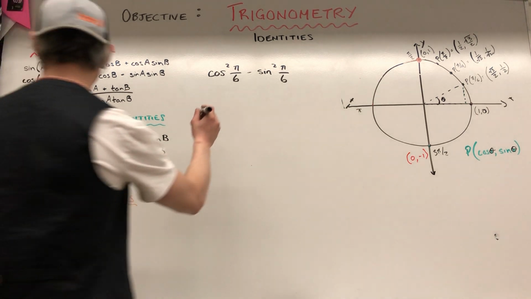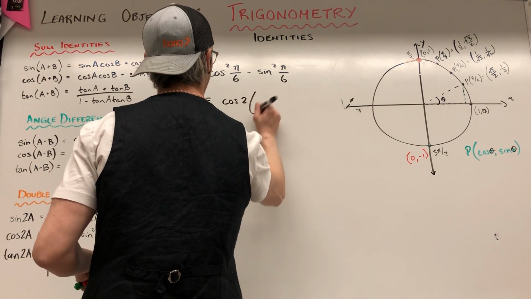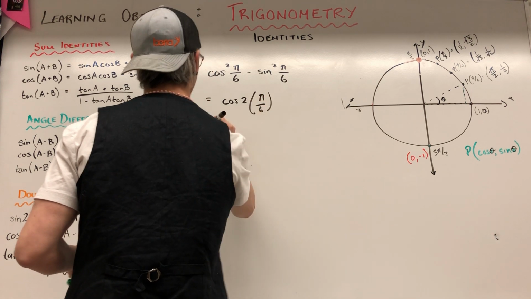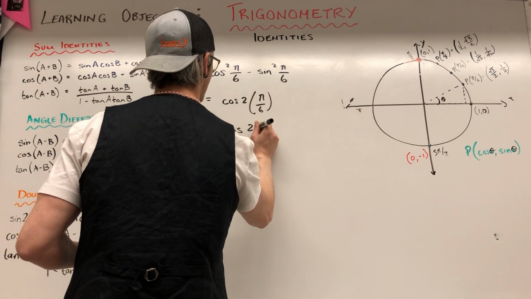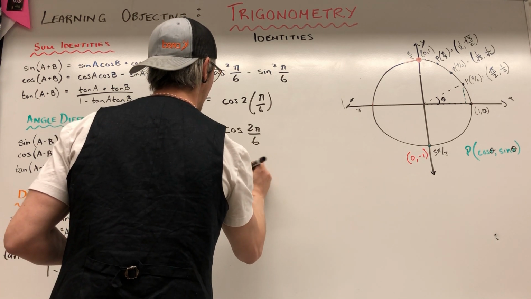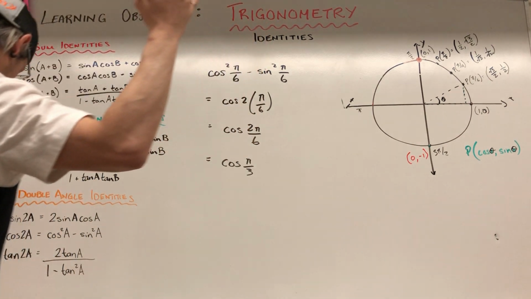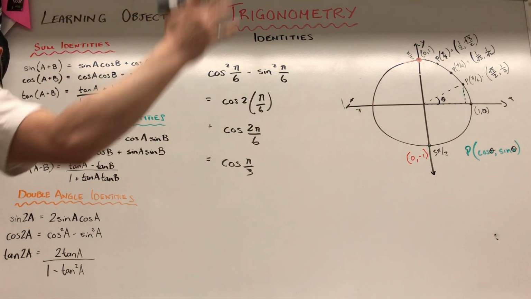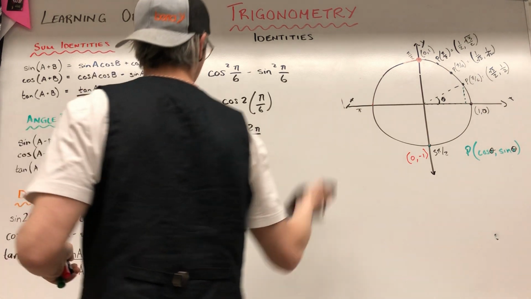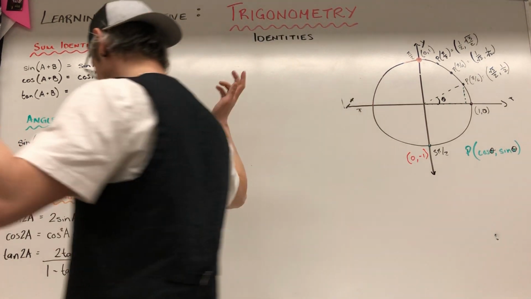I can rewrite this as cos of 2 times my A, which is pi over 6, which is cos of 2 pi over 6, which is cos of pi over 3. Did it. I'm just pulling random problems from the textbook, page 306.